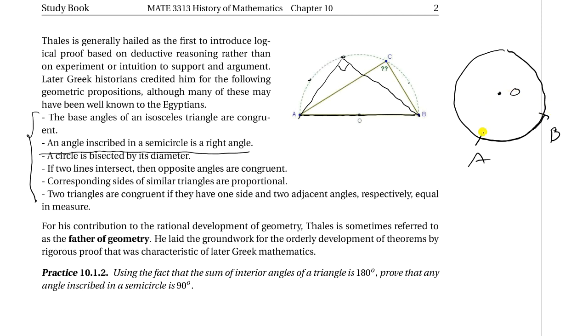This is the central angle for AB, or choose any point over there and we get the inscribed angle. The central angle is double that angle. If that is 30 degrees, then the central angle must be 60, and that 30 is always the same no matter which point you choose.